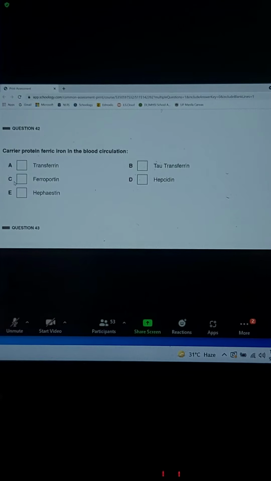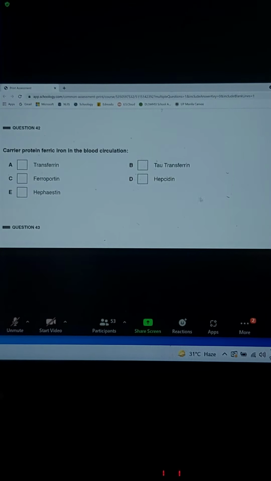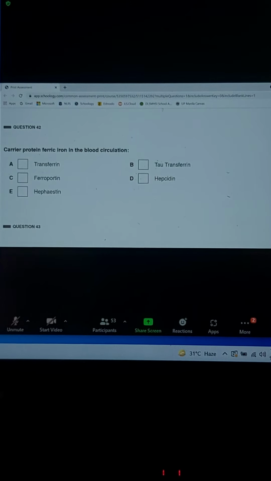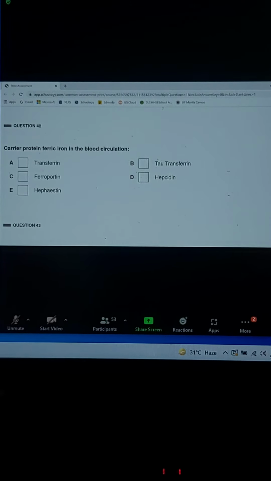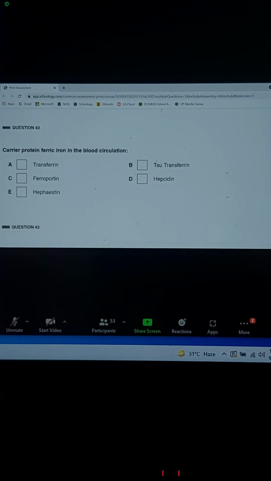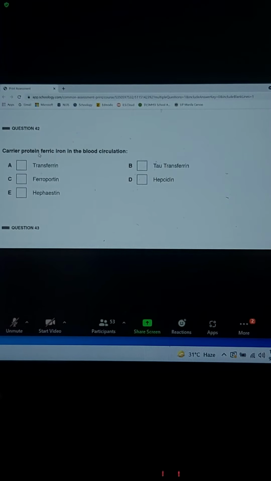Ferroportin, ito yung protein na makikita sa enterocytes. Si hepcidin, yung nagre-regulate ng ferroportin. And then si hephaestin, siya yung nagko-convert ng ating ferrous iron to ferric iron while in the gastrointestinal tract para mas mabilis siyang ma-transport. So again, the correct answer is letter A, ferric iron in transport of blood.